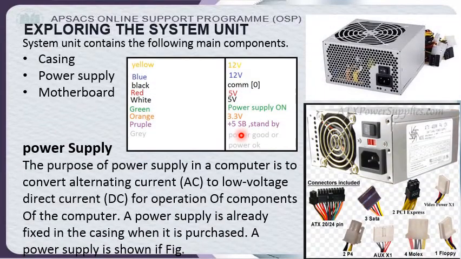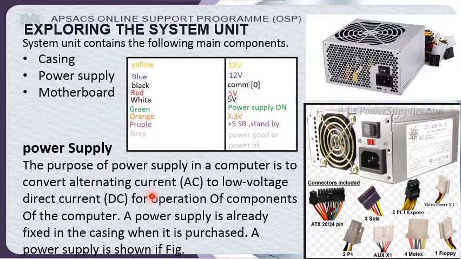What is this? A power supply in a computer is an AC to DC converter, because most of the computer components work on DC current. So the duty of the power supply is to convert alternating current to direct current.